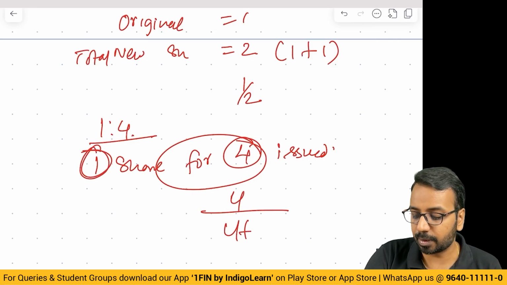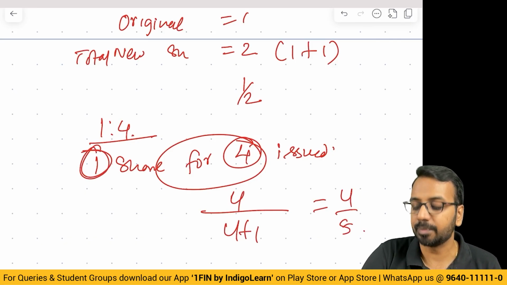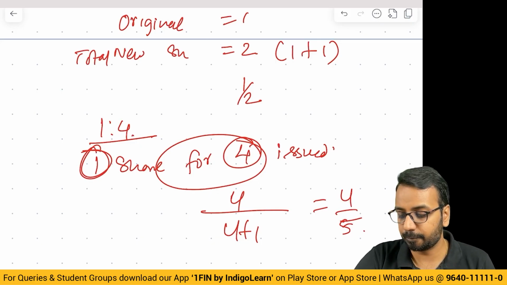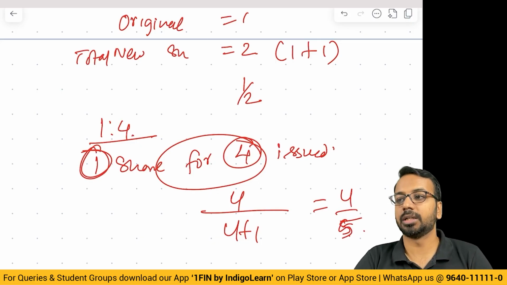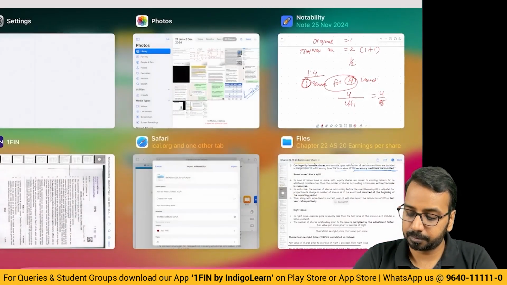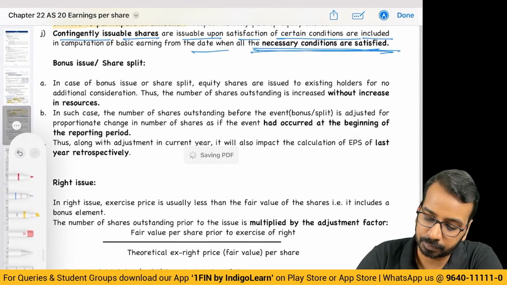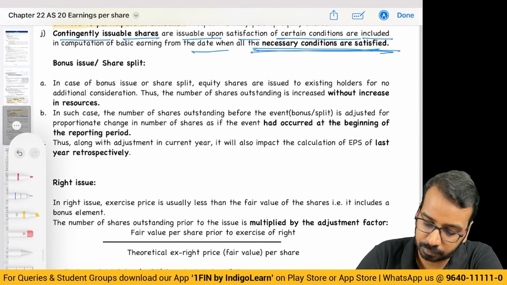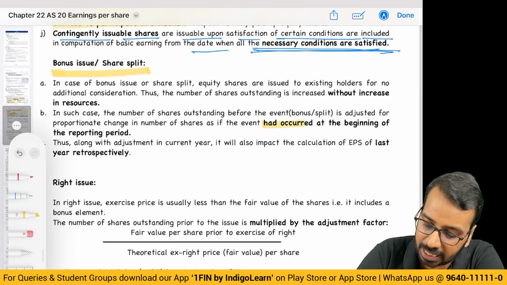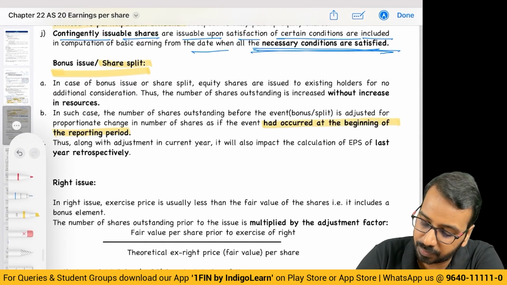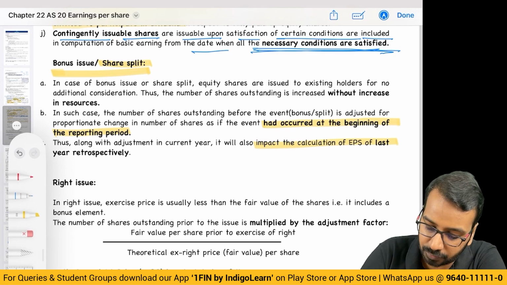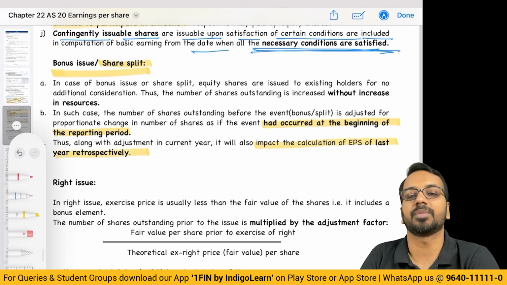So 4 divided by 4 plus 1, we will multiply it by 4 by 5. Okay, that is how you will do. Bonus issue, assume that it occurred at the beginning of the reporting period, also split, and you will also impact the calculation of EPS of the previous period retrospectively.